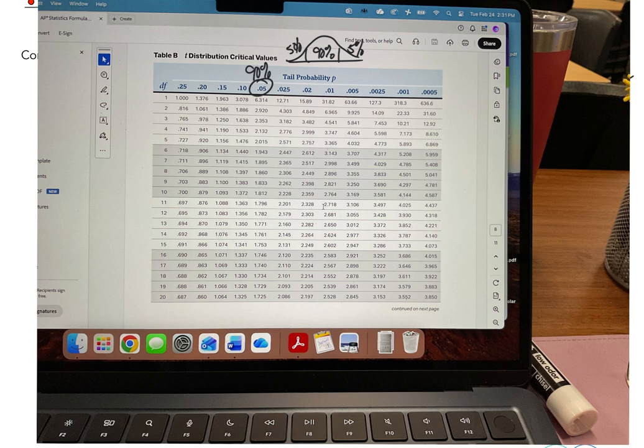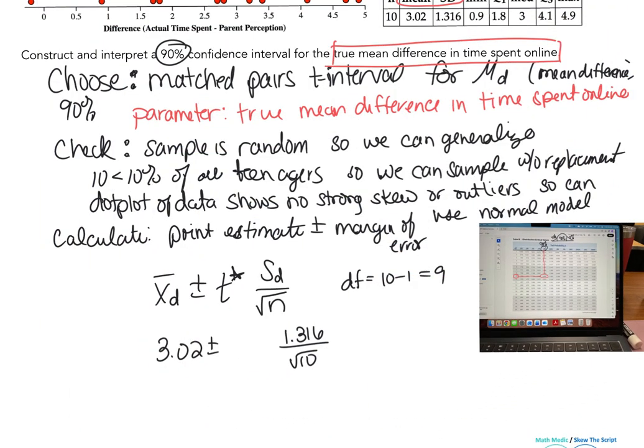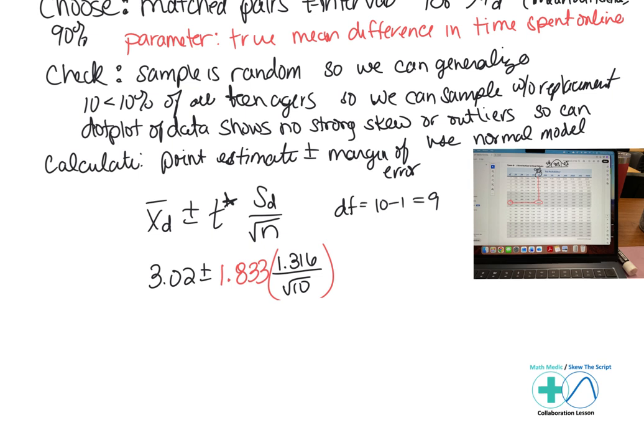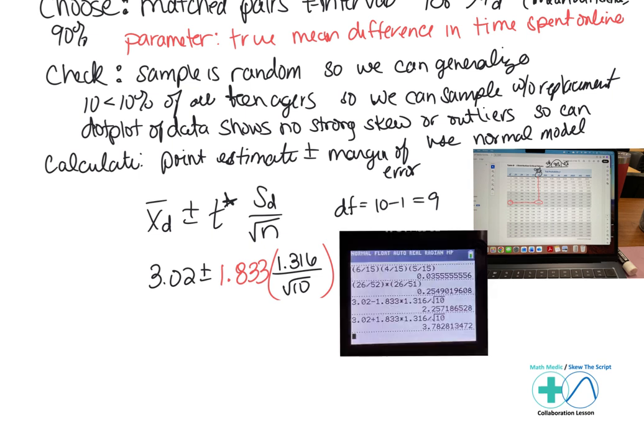If you had the bottom part of the table, which is in a different picture, you'd see that that's also the column. This is what the table looks like online. Hopefully they'll put it into one file. 9 degrees of freedom, and that means my numbers meet up at 1.833. Okay, so I'm going to put that off to the side. That was our t star, 1.833. Okay, and we plug that into our calculator to get our values.